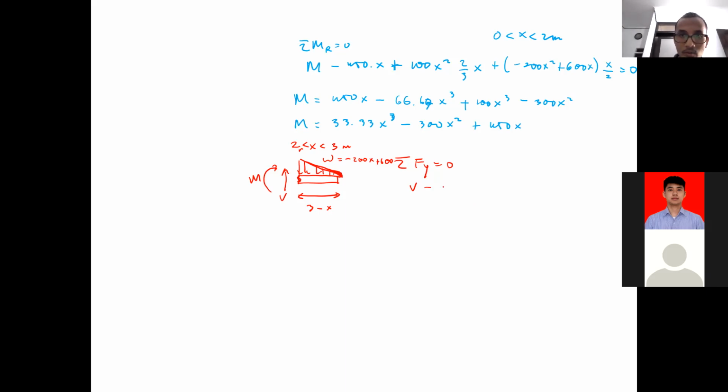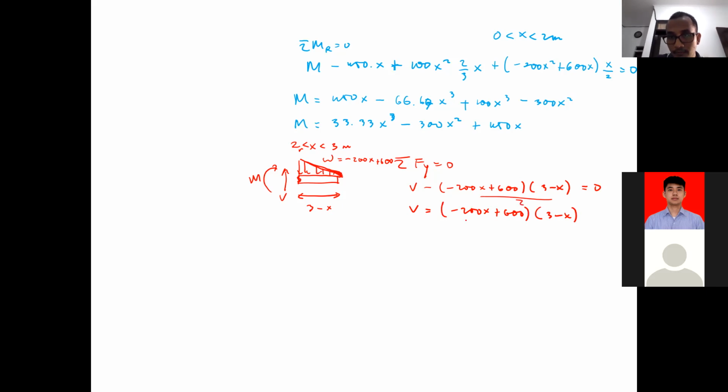The W there is supposed to be minus 200x plus 600 multiplied by 3 minus x equal to 0. So your phi is supposed to be this one, minus 200x plus 600 multiplied by 3 minus x. Like that. So should we divide it by 2 since it's a triangle? Yeah, I forgot. It's supposed to be divided by 2. So that's the equation for phi.